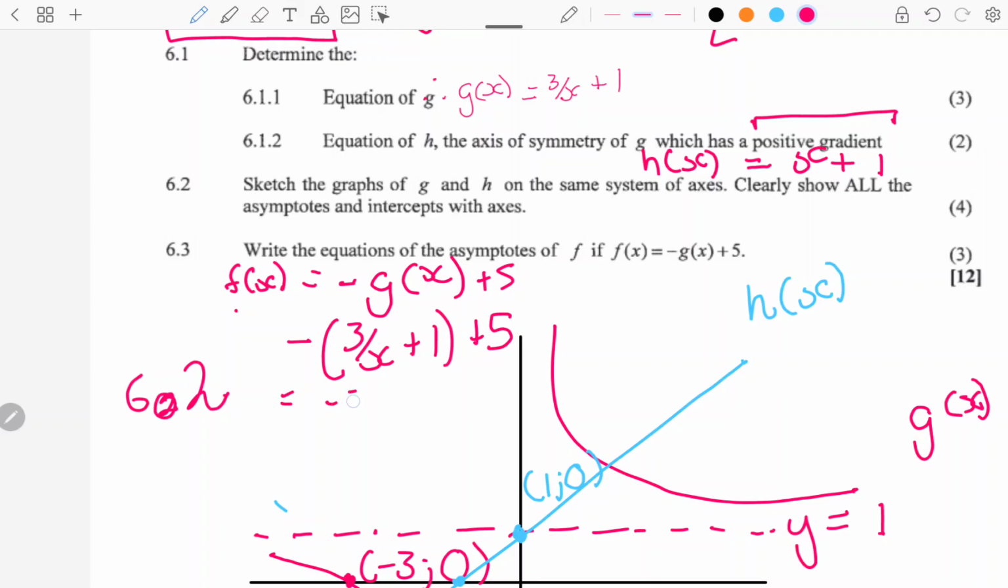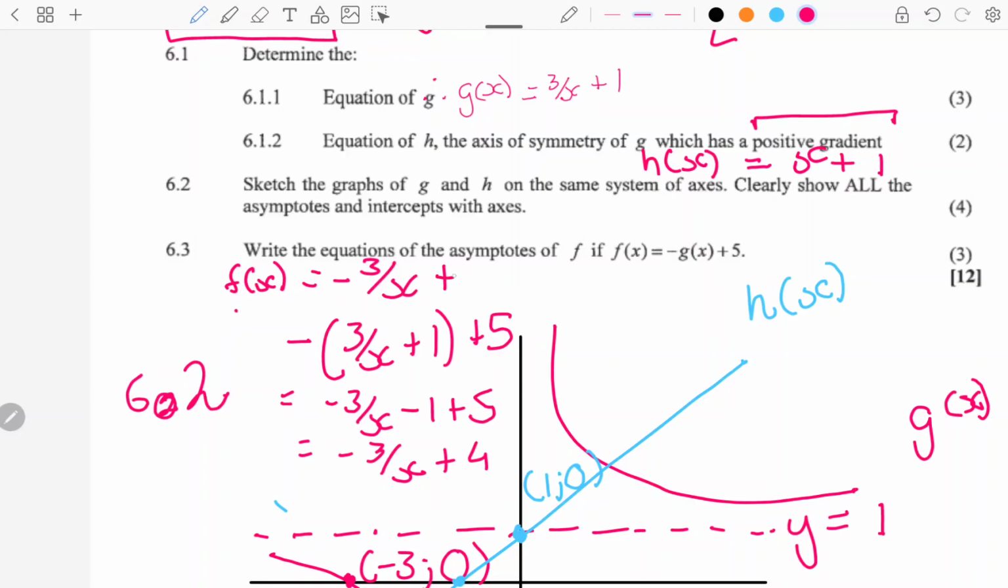This becomes negative 3 over x minus 1 plus 5, which will be negative 3 over x plus 4. Therefore, f of x is negative 3 over x plus 4, which means our asymptote will be y is equal to 4. Thank you.